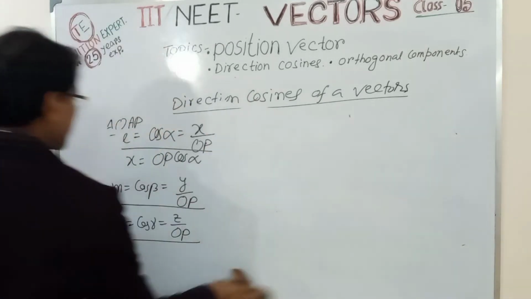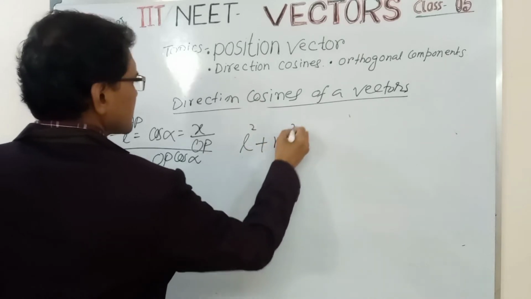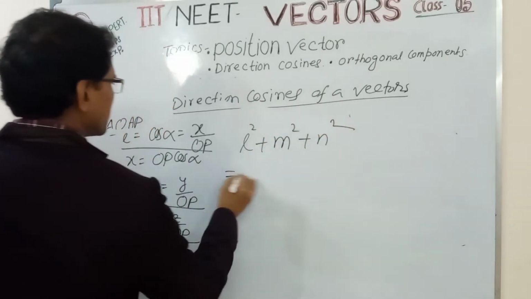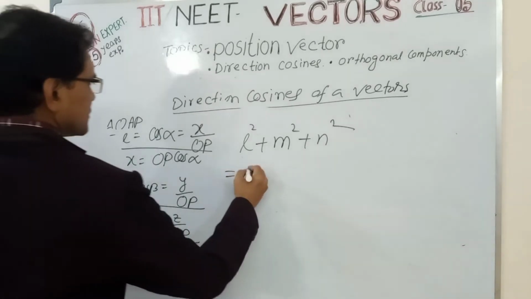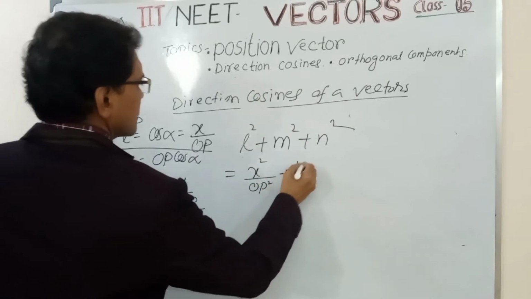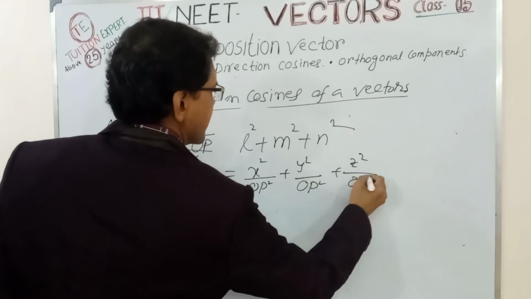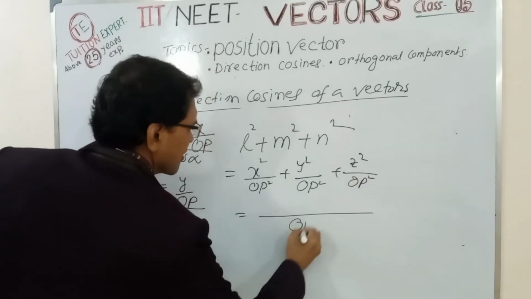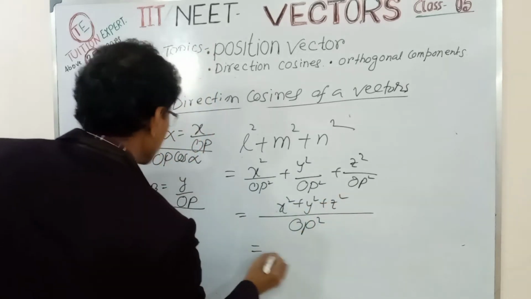Now l square plus m square plus n square becomes... Now what is OP?